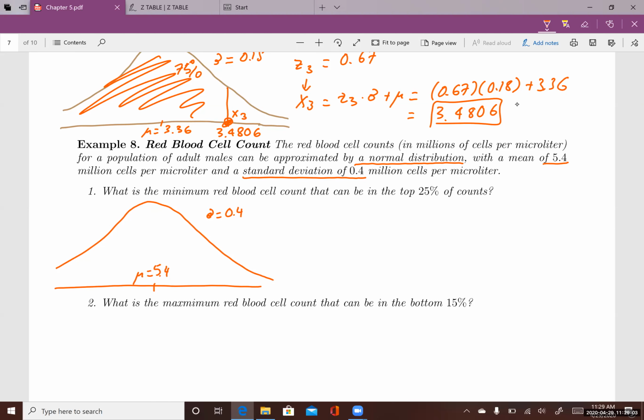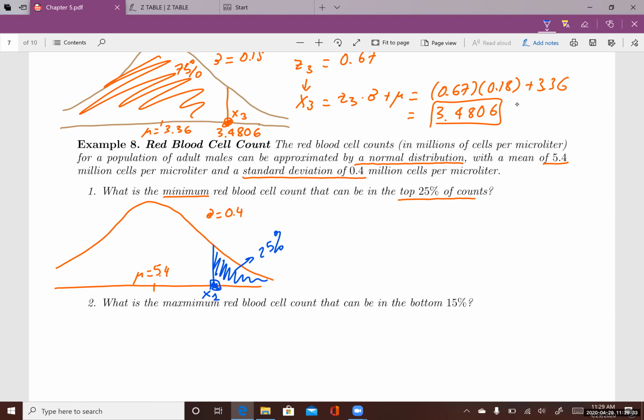And the question is, what is the minimum red blood cell count that can be in the top 25% of counts? So top 25% means you're looking at the percentage on the right tail, right? So this is the top 25%, and on the right tail you want to find the minimum value that can be in the top 25%. You're looking at X1 here.